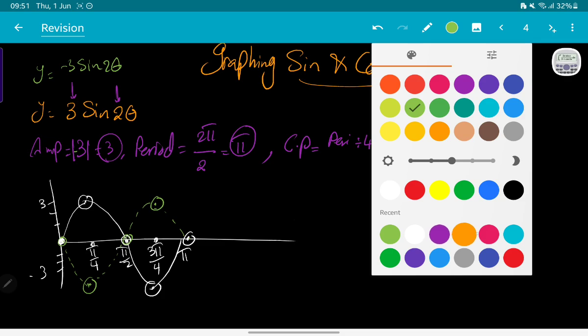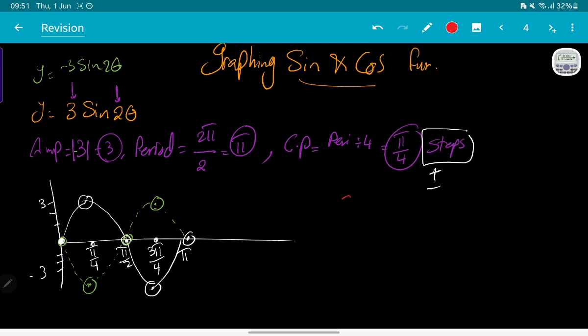If the question was, for example, 3 cosine 2 theta, we will do the same. Amplitude 3, period 2 pi over 2, which is pi, then divided by 4, which is pi over 4, and this is the steps.